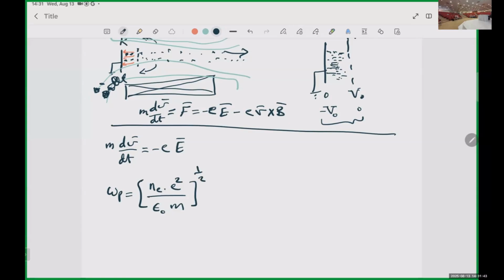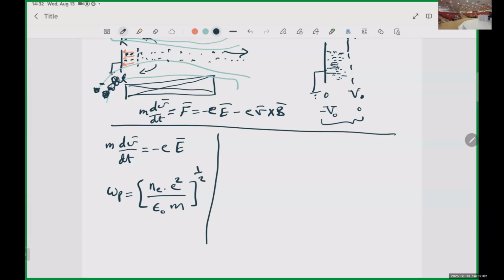So if you have this phenomenon and you can enhance it somehow, maybe you can come up with a device that can generate an RF signal at the plasma frequency. This is called a vircator. Okay, if you enhance this phenomenon.